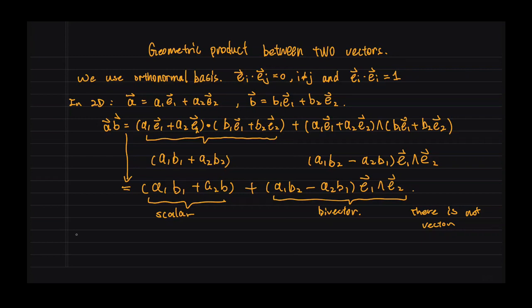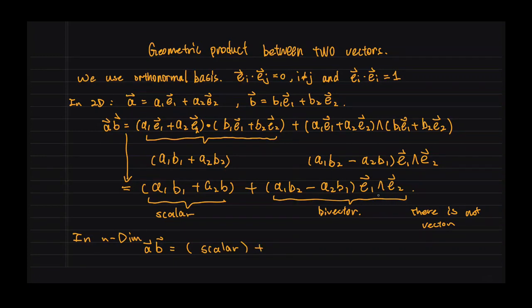And it will be the same story in n dimensions. So you still use an orthogonal basis, with vectors a and b. Then you will end up with a scalar.